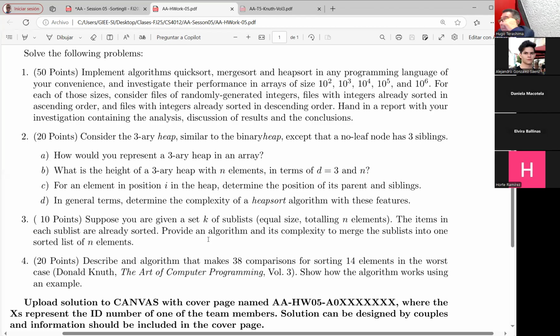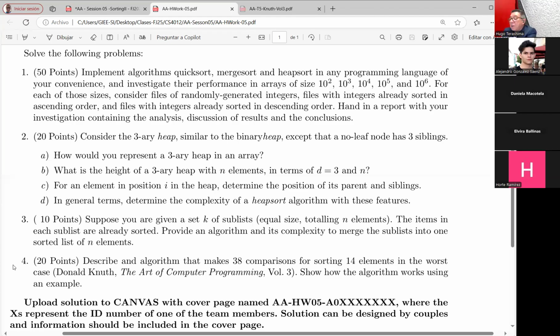All right? So you have K small sublists of similar size, and you have to merge them in order to generate the sorted array. So provide the algorithm and the complexity to do that, right?